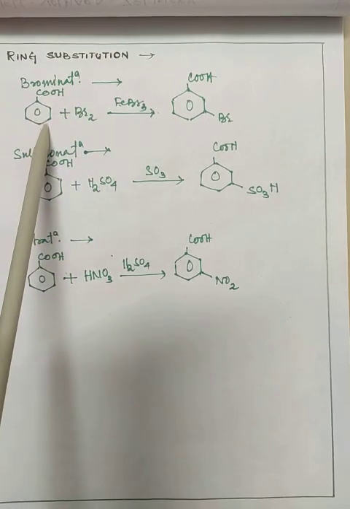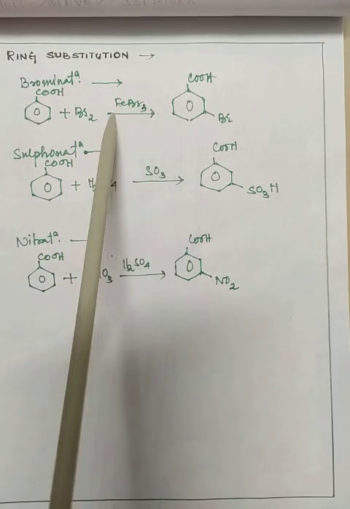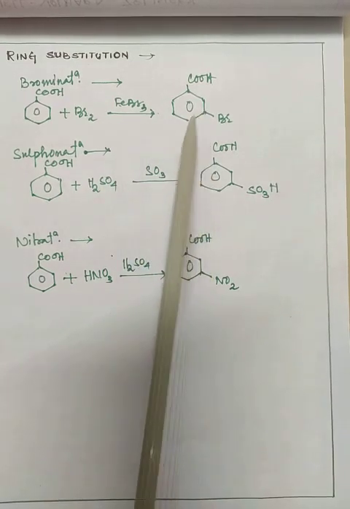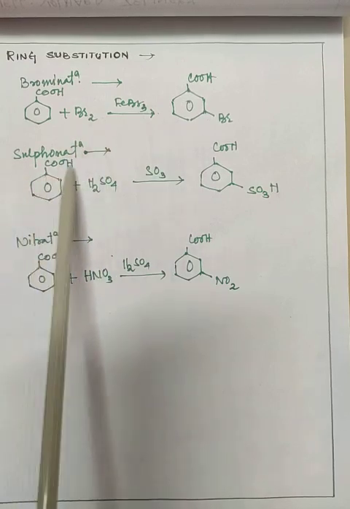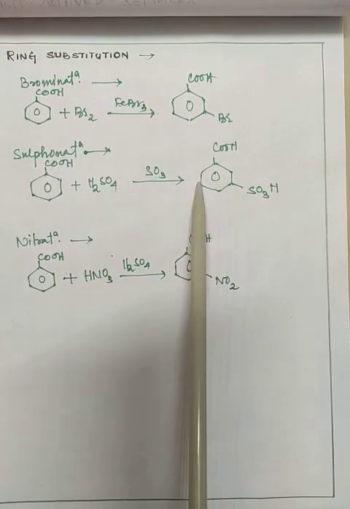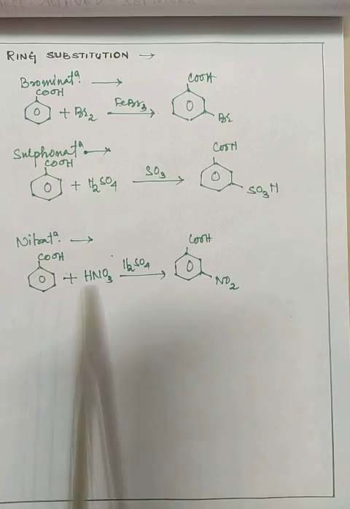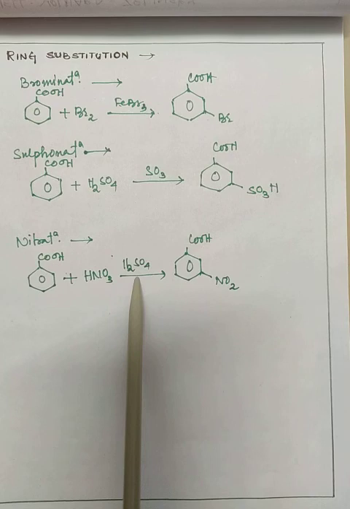Benzoic acid reacts with bromine molecules in the presence of ferric tribromide, and we get bromobenzoic acid. Then sulfonation gives sulfonated benzoic acid, then nitration. When we do the nitration, we get nitrobenzoic acid, in the presence of sulfuric acid.